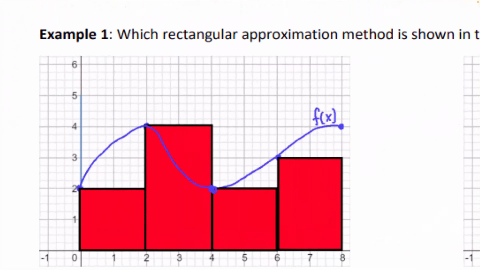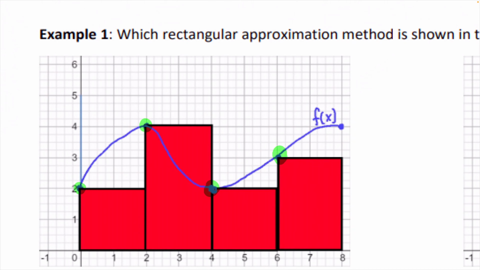So the way to tell is which part of the rectangle is touching the blue. Which part of the rectangle is touching the blue? Touching the blue right there, right? Touching the blue, touching the blue, touching the blue.